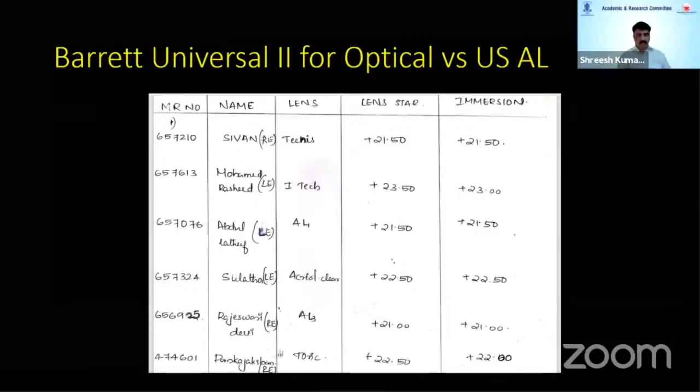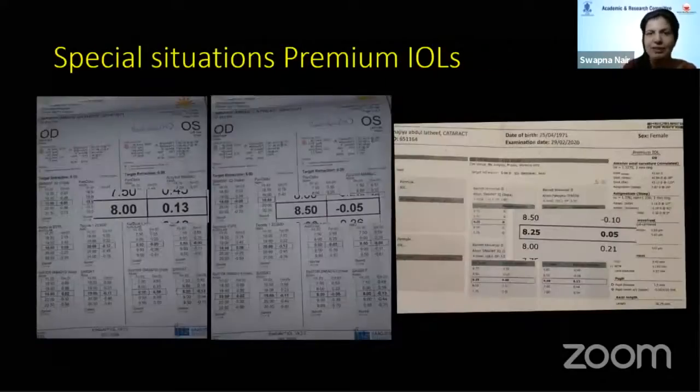One is the Lenstar on one side, immersion on the other, and you can see that even when you incorporate the axial length and the other values like the lens thickness or the ACDs obtained from the immersion into the Barrett Universal 2, you get very similar values in both cases, both optical and ultrasound. So that proves that it is a truly universal formula.